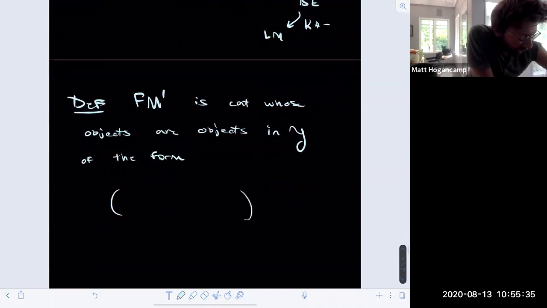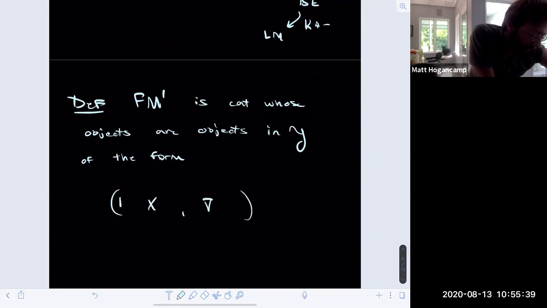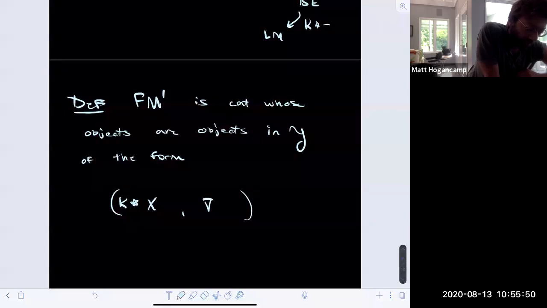Remember, an object of Y previously was just an object with a curved differential, but now we want our objects to be K times some complex of Soergel bimodules.